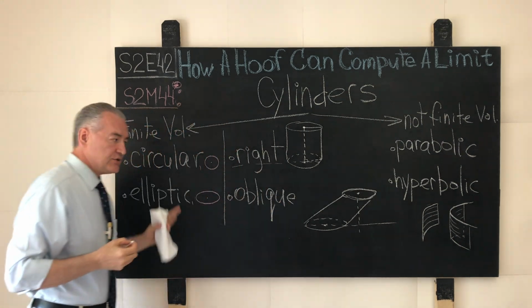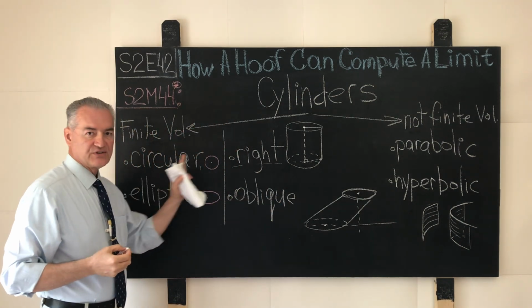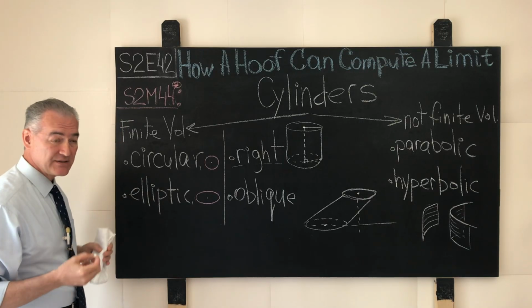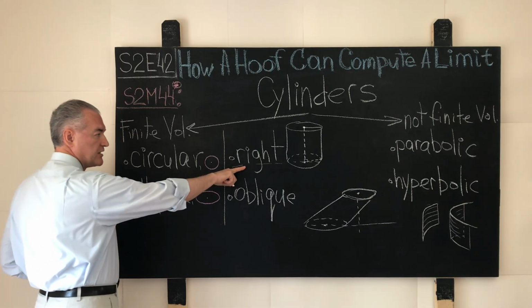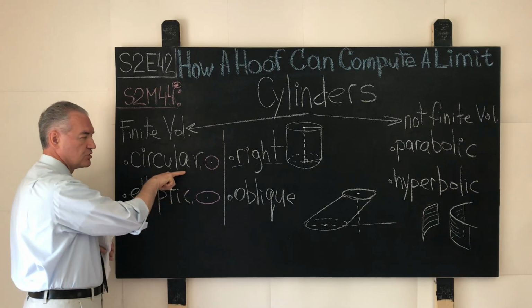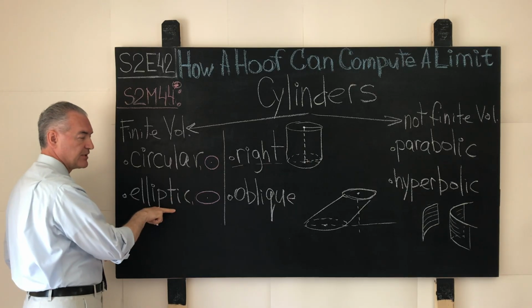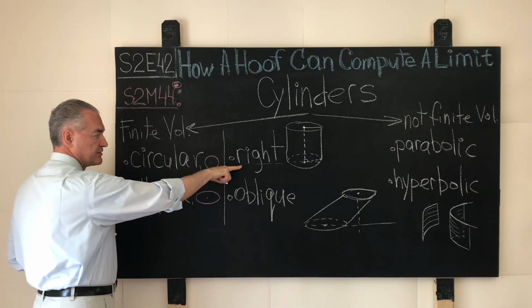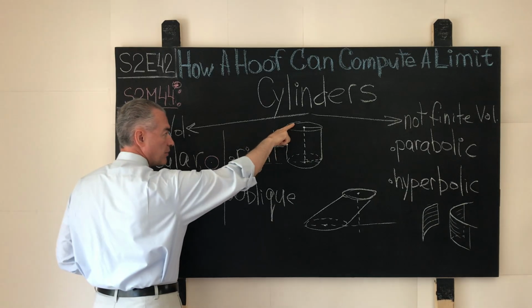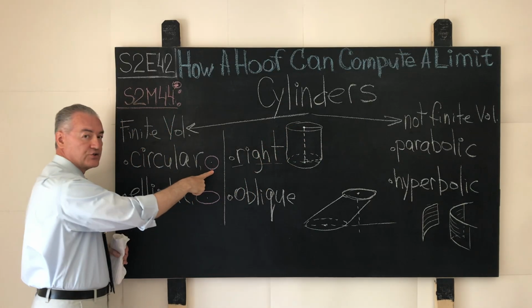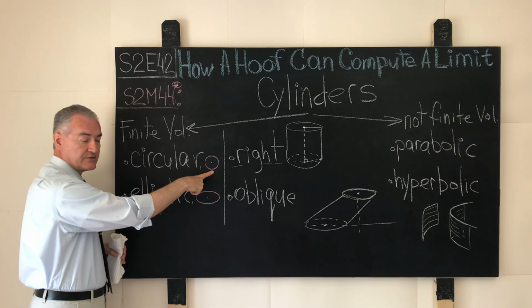The fact that these two types of cylinders that enclose a finite amount of volume are independent means that a right cylinder can be circular and a right cylinder can be elliptic. When the right cylinder is circular, then the top and the bottom faces of such a cylinder are a circle of one and the same radius.